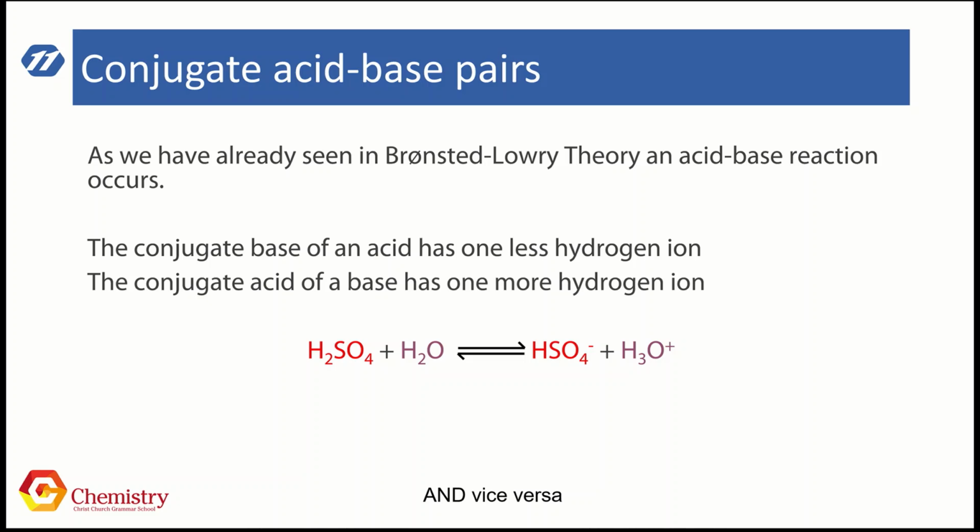And the same applies for the hydronium ion, H3O+, although H3O+ is acting as the acid because it's losing one hydrogen to form H2O. So H3O+ is the acid and H2O is its conjugate base.